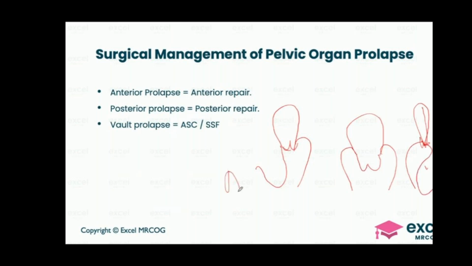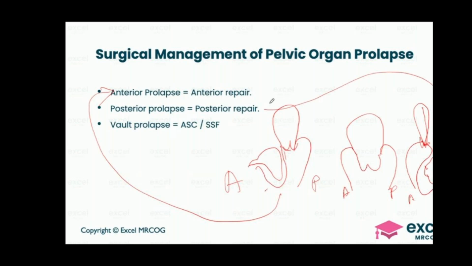This is anterior, this is posterior. So this is the rectum. Here is the bladder. When this is the case, you will do anterior repair, anterior colporrhaphy. You don't have to touch this area if this is not descending. If this is the case, you do posterior repair.